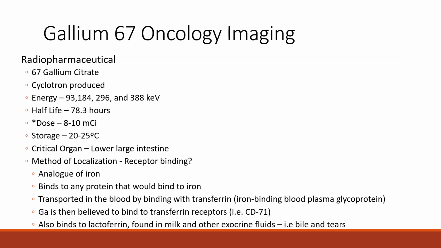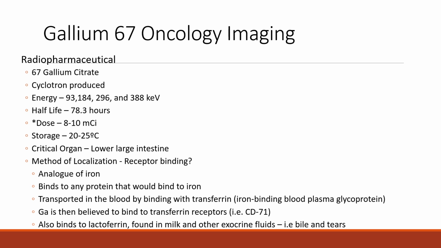Remember, gallium is an analog of iron. And so it's transported in the blood by binding to the transferrin. And the way that it accumulates in cancer cells, not really sure.